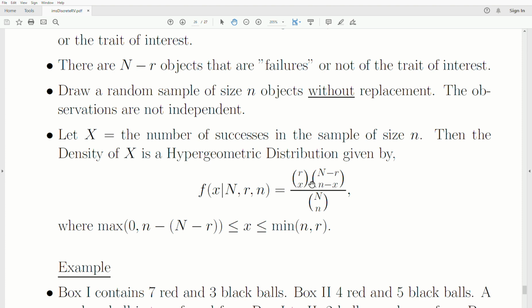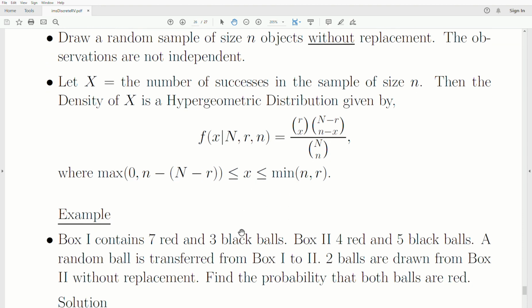So we have to put restrictions on X, and that's what this maximum of 0 and this number, and the minimum of n and R, deals with: a small number of successes and/or a small number of failures compared to our sample size. I encourage you to go through some examples of just what I described, and you'll think, oh yeah, that makes sense. And it's kind of genius how they just set that up.